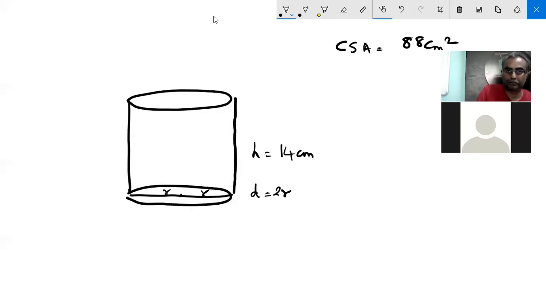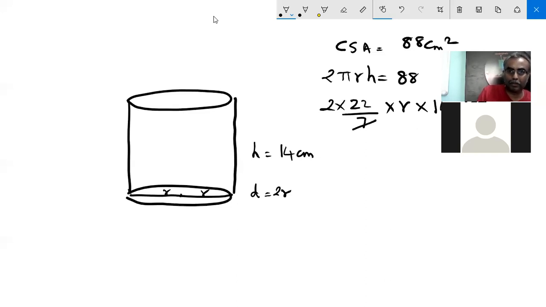2 pi r h. So 2 pi r h is equal to 88. What is the value of pi? 22 divided by 7. R we don't know. h is equal to 14 centimeters. So 2 into 22 by 7 into r into 14 is equal to 88.